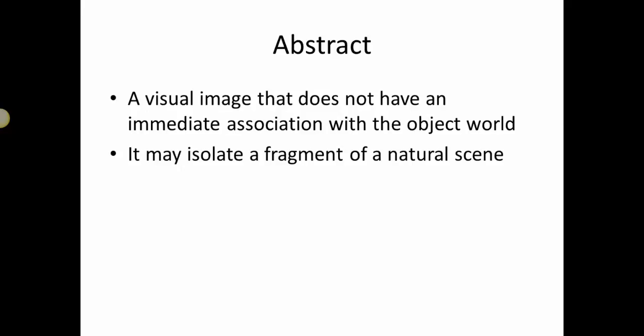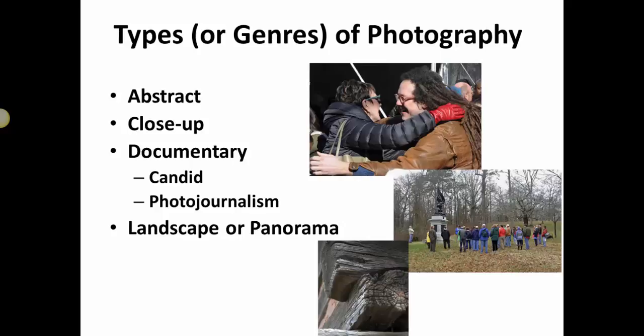I want to go back to the first slide up here. This one right here is beginning to take on some aspects of being abstract because it's really just a detail of a log cabin.